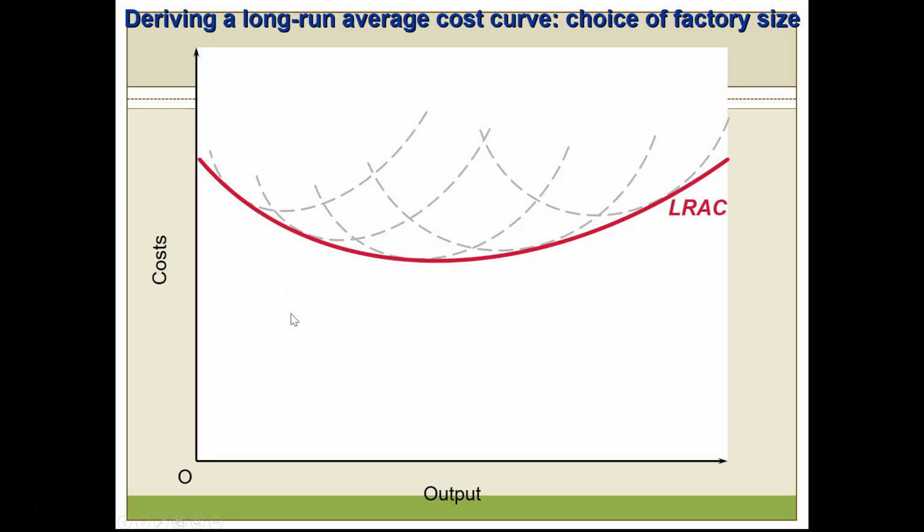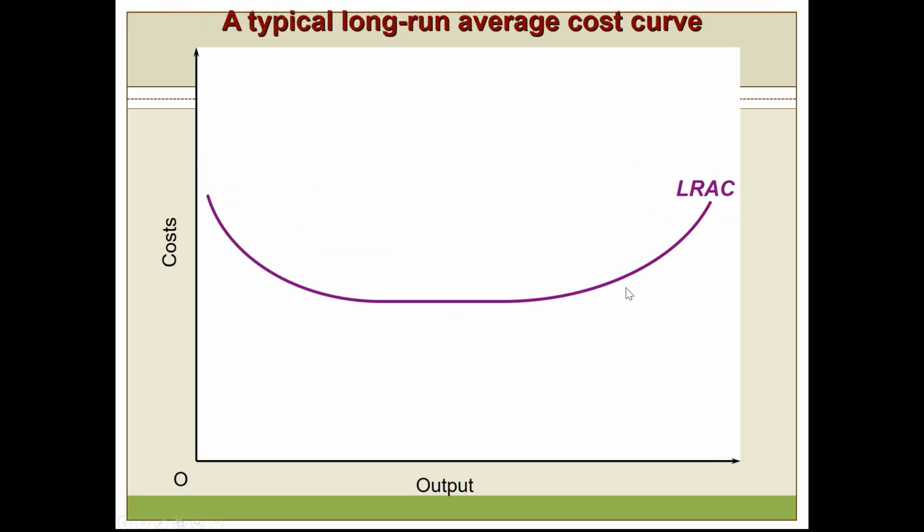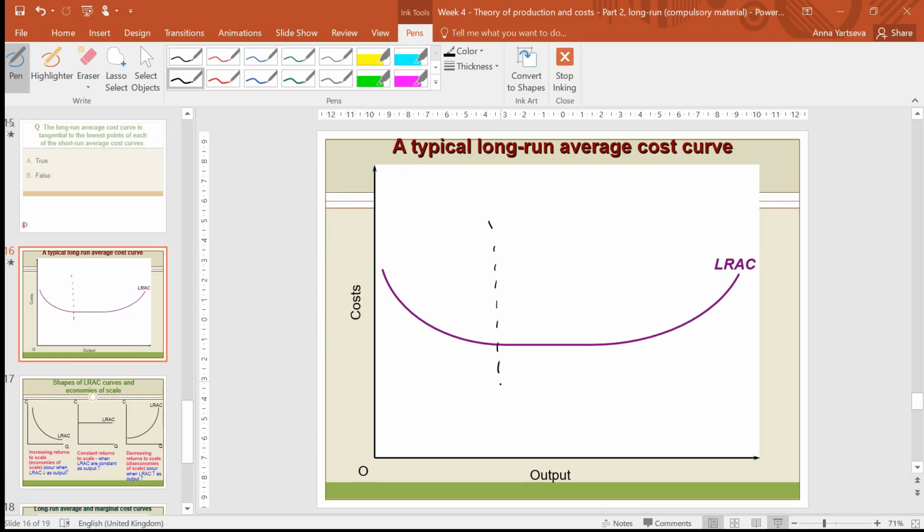Strictly speaking, what you can notice here is that we have a downward sloping section of the long-run average cost curve, some horizontal section where our long-run average cost per unit remains the same, and then some upward sloping part. So this graph shows this better. Have a look. We can split our output into 3 possible sections. In the first section, our long-run average cost curve is downward sloping.